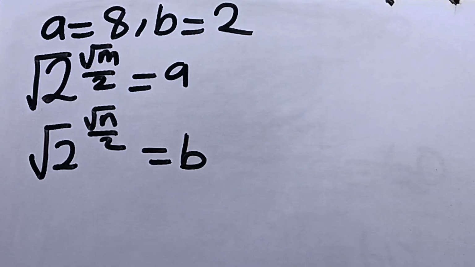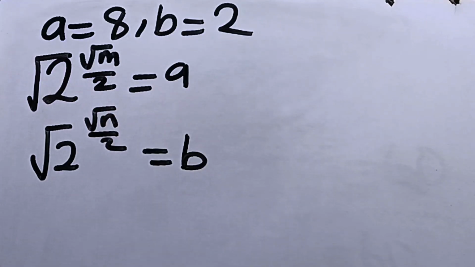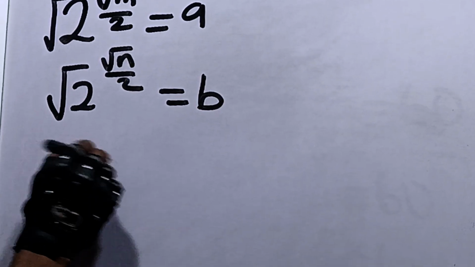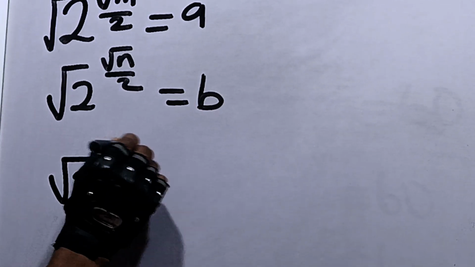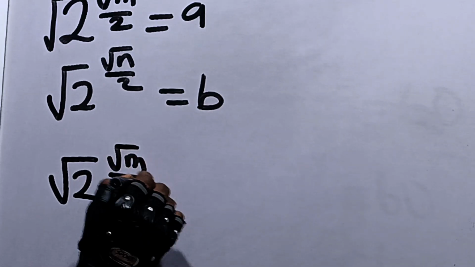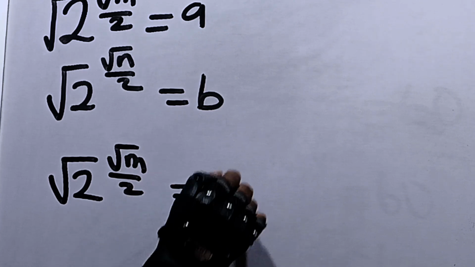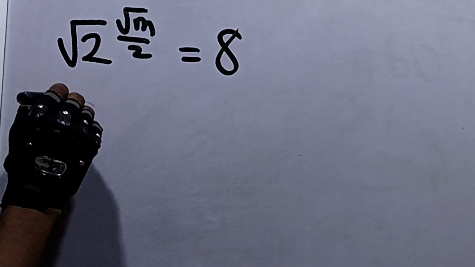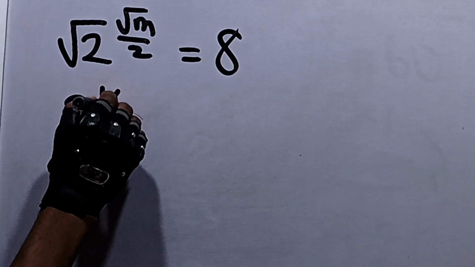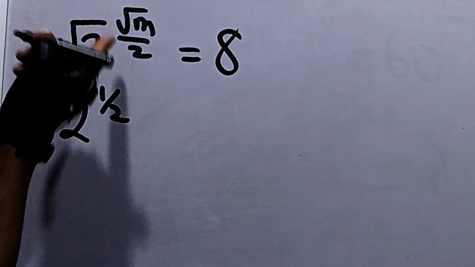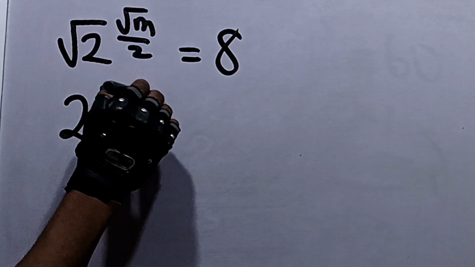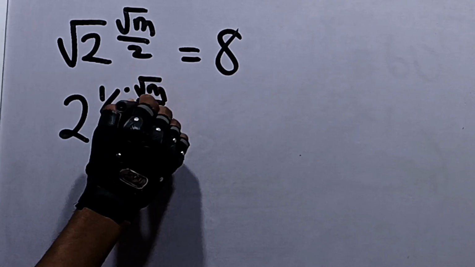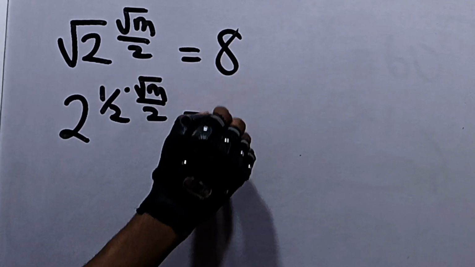Now let's solve for m using the first condition. We have that root of 2 raised to power root of m over 2 is equal to a, and a here is 8. Root of 2 is 2 raised to power half. So we have 2 raised to power half, raised to power root of m over 2. From the laws of indices, root of m over 2 will multiply this half, to be equal to 8, which is 2 raised to power 3.